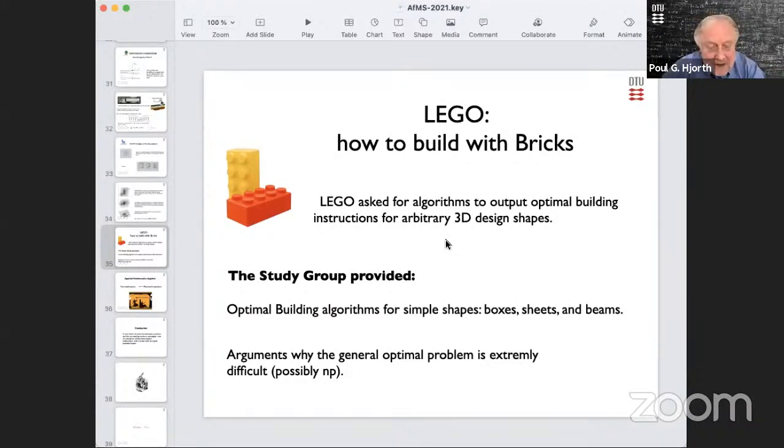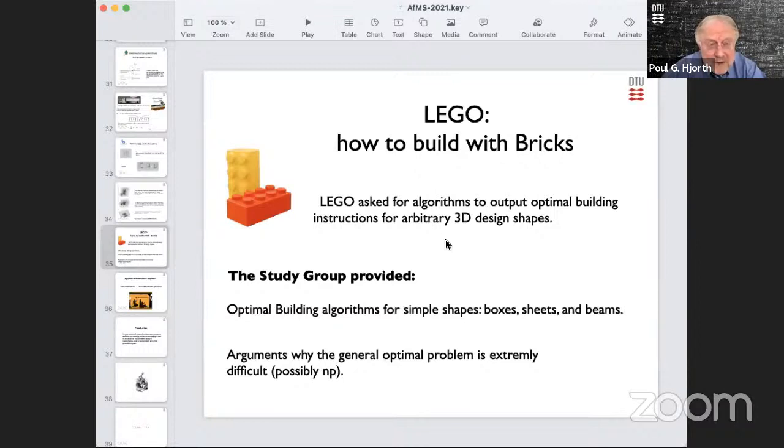Since this was back around the turn of the millennium, a lot of people have continued working on this Lego problem, and they have found partial solutions which are near optimal, certainly much better than just guessing. And it all began as an innocent question to a study group with industry.